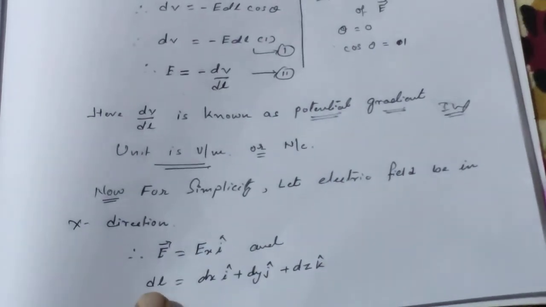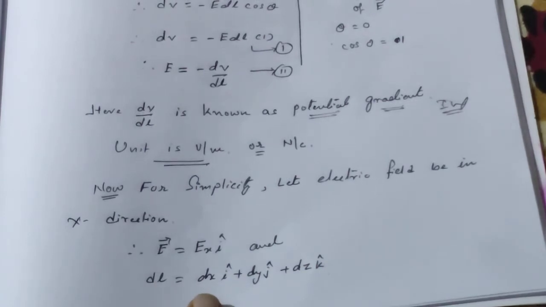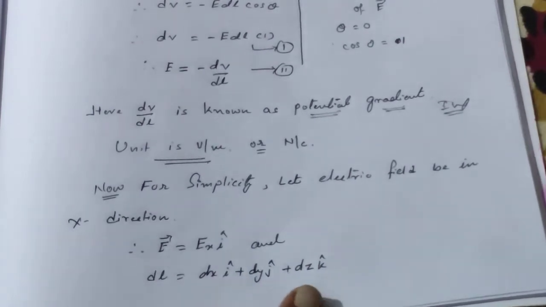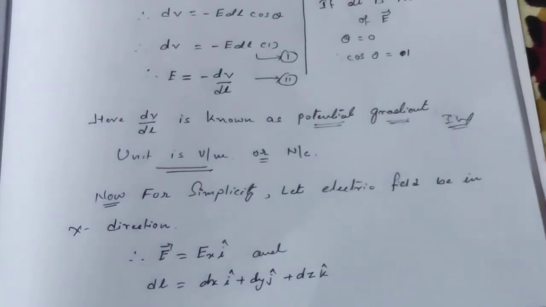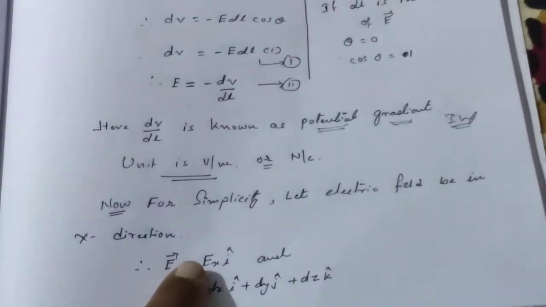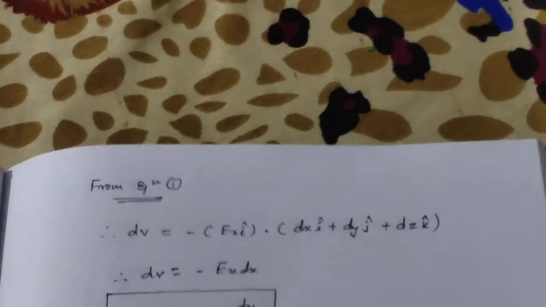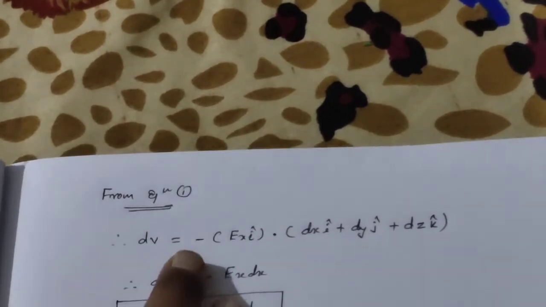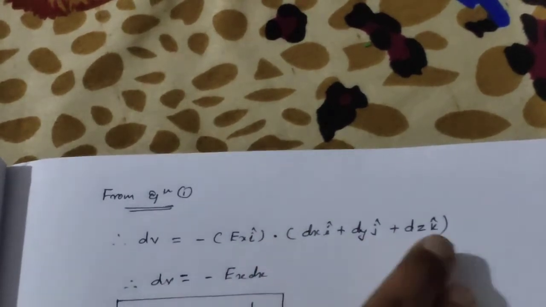And for dl we have the full coordinate system: dx i cap plus dy j cap plus dz k cap. This entire theory we are solving using the i, j, k coordinate system. Now we put these two values: dV equals minus Ex i dot (dx i cap plus dy j cap plus dz k cap).